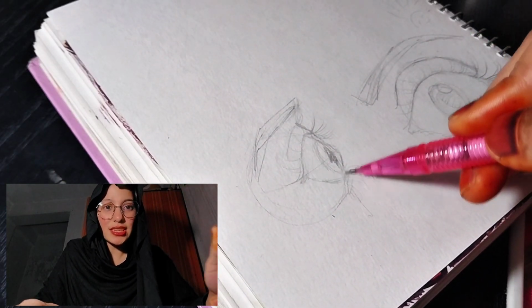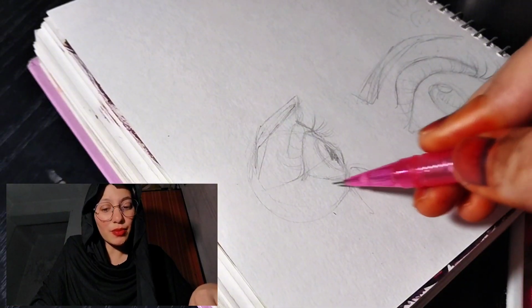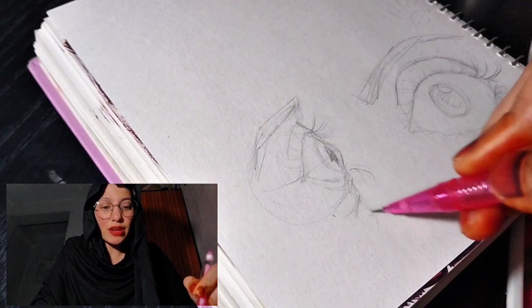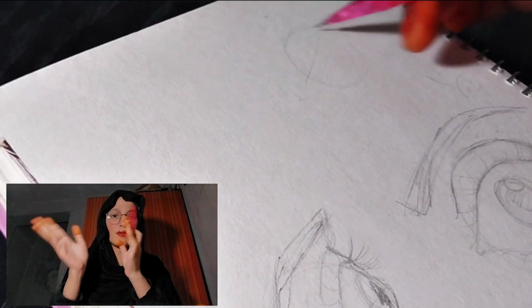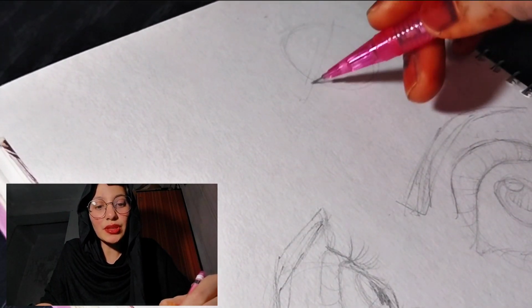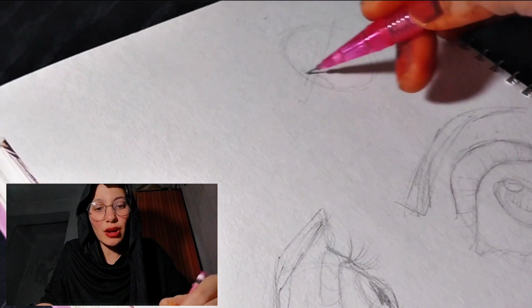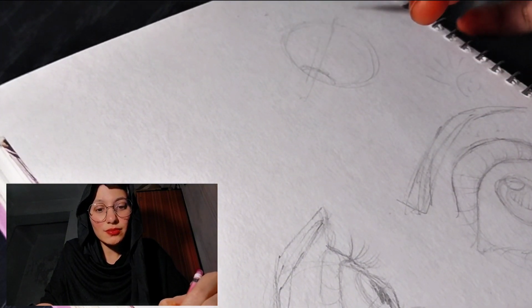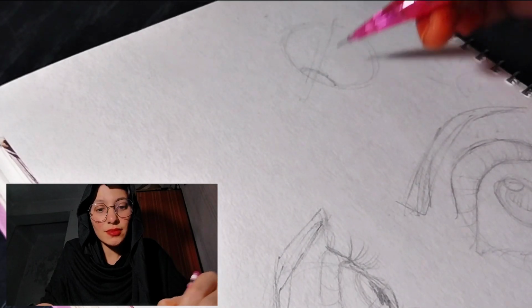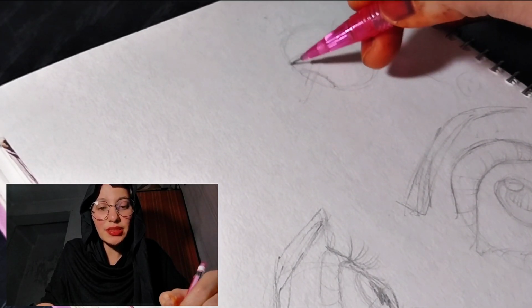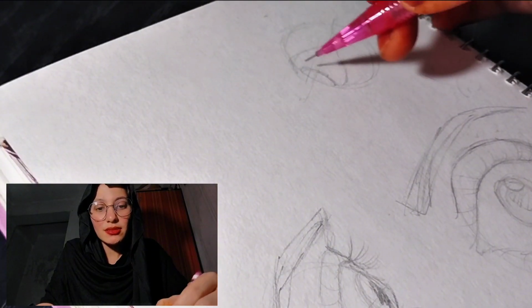Now we are going to see how the eyes are supposed to look when you draw them from an angle. So we have done the front and the side. Now we are going to see the angle. Simply we are going to put the center crossing downwards. Same structure as we did for the side, but just crossing downwards.